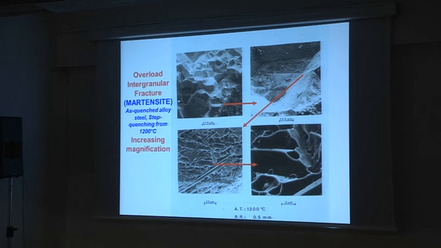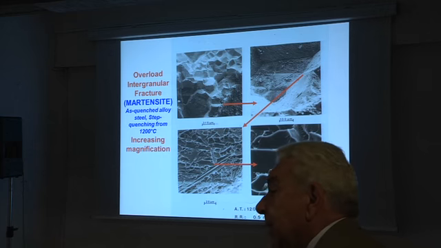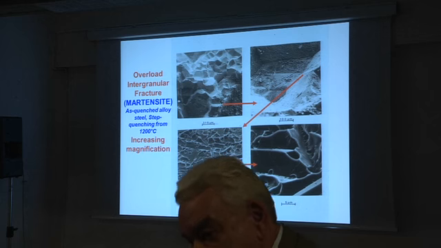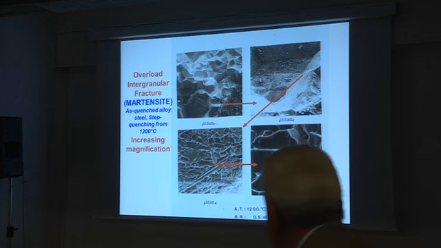Because if you take a steel, take austenite, then you quench it, it goes into martensite. But yet, this is a steel which tends to have a little bit of plastic deformation before fracture.